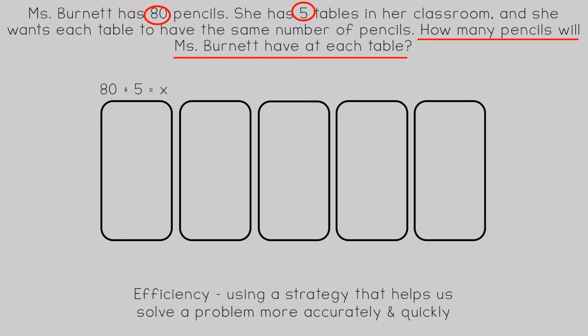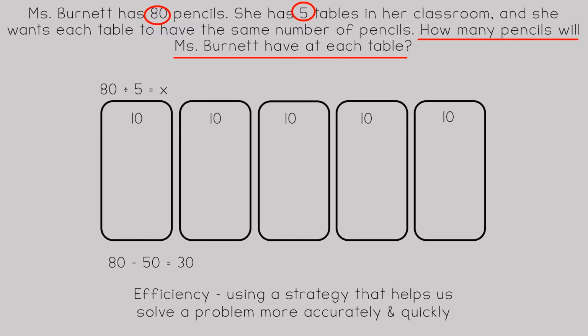Now, I know that there's 5 tables. Miss Burnett could take 10 pencils and distribute them to the 5 tables, and that would look like this: 10 pencils, 10, 10, 10, and 10. If she distributes 10 pencils to each table, she starts with 80, and then she distributes 50, she has 30 left.